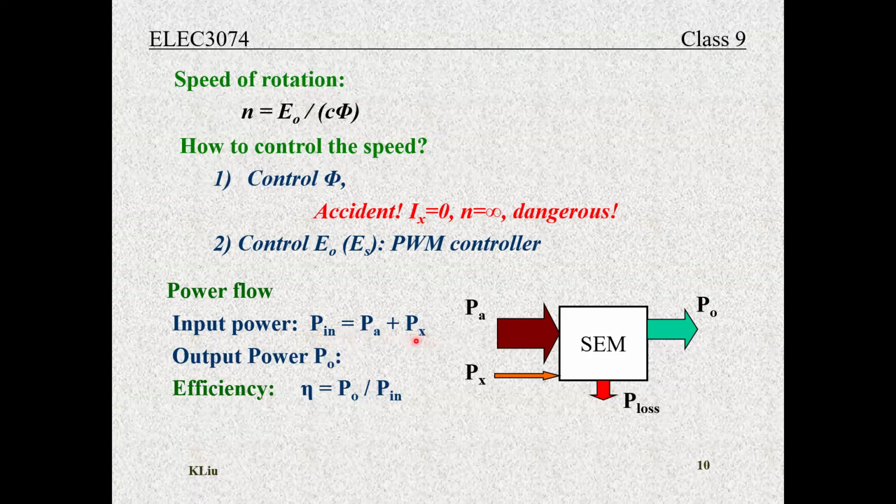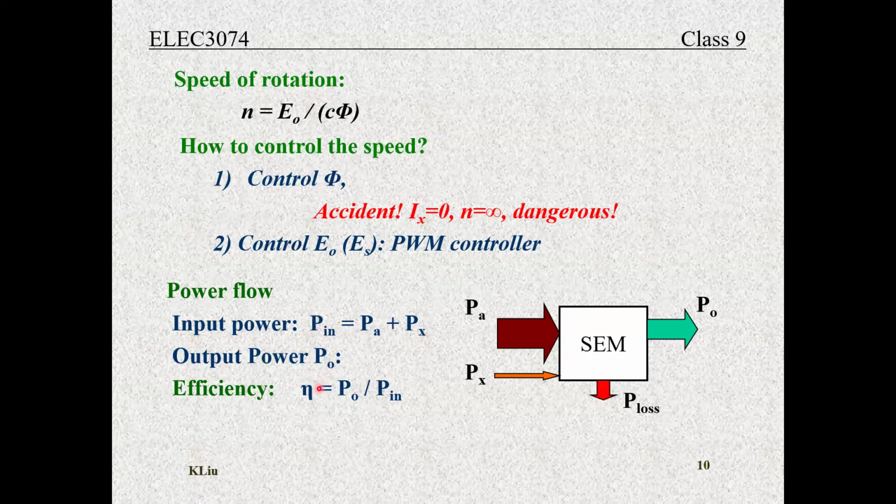So the armature and the field: the voltage across the armature multiplied by the current, and the voltage across the field multiplied by the current through the field, you get the armature power and field power, and you got the total power that you have to put in.